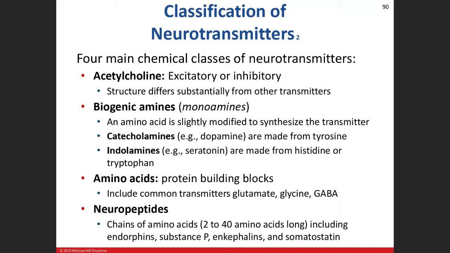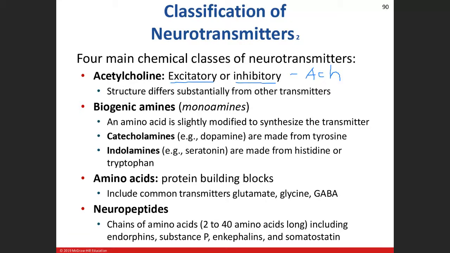The first one is a very popular one, acetylcholine. A lot of people write it down as ACh. A lot of times when we're dealing with neurons and action potentials, the physiological response will be what we call a binary one. It's either yes or no, 0 or 1, excitatory or inhibitory.